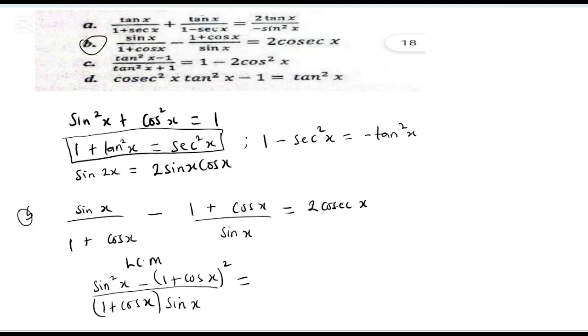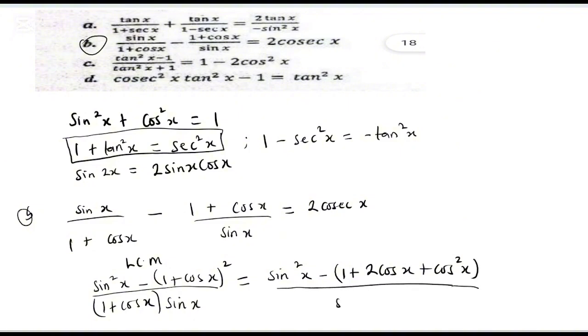So this gives sine squared x minus, then if we expand 1 plus cos x all squared, we have 1 plus 2 cos x plus cos squared x, all over sine x times 1 plus cos x.